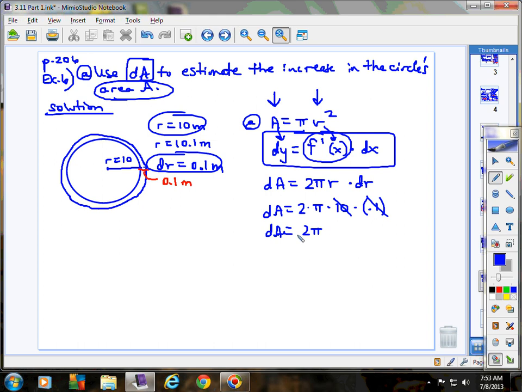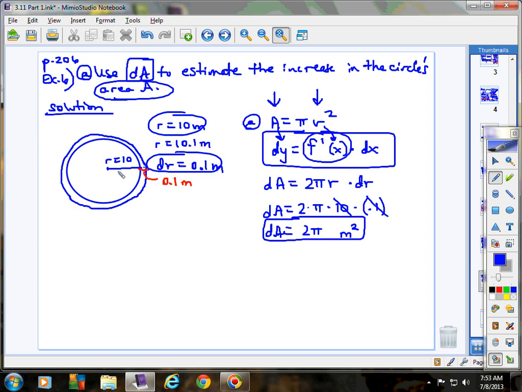2 pi, and I don't know if they gave us units on that. Meters. An area would be a square unit. So 2 pi square meters, or meters squared. So that's the estimated increase in the circle's area.